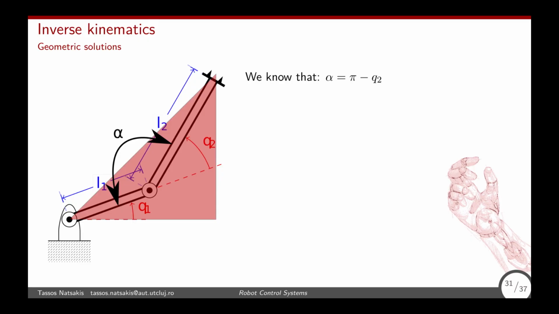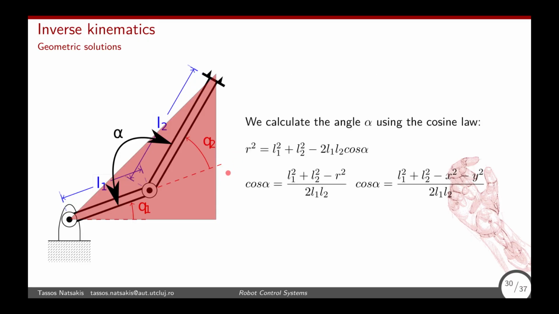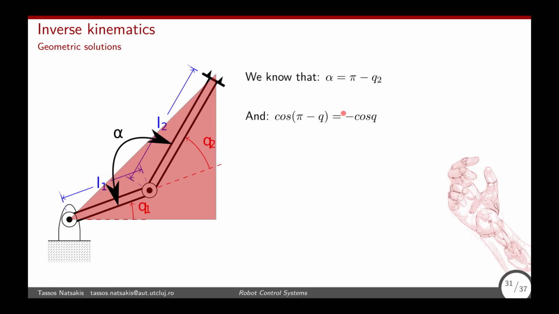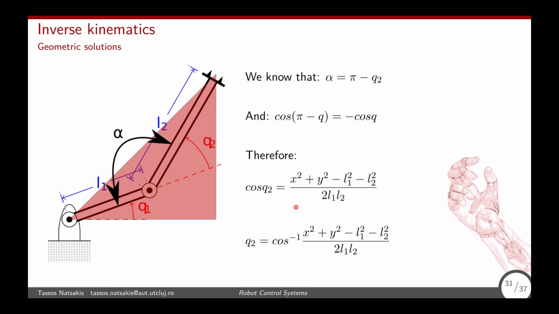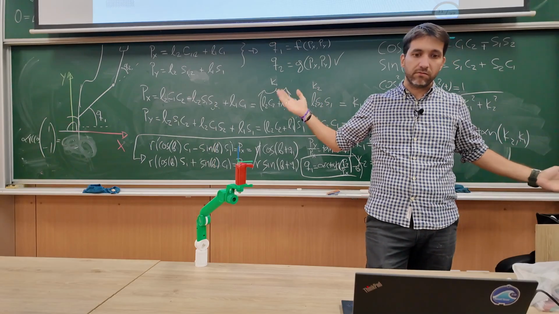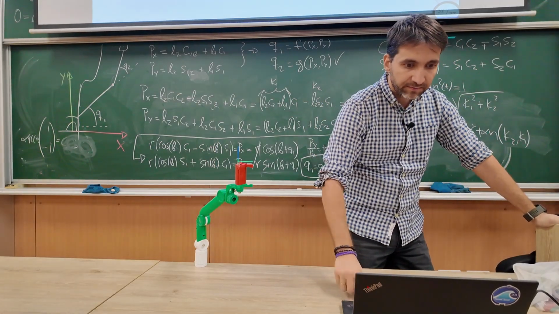This means that cosine of pi minus q2 will be minus cosine of q2. Therefore, I just multiply this with a minus, and I end up with this equation, which is the same as before for q2. I erased it, but we had it. So geometrically, I end up with the same result, which makes sense.